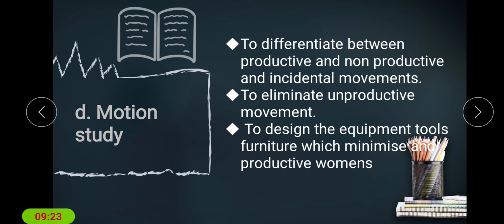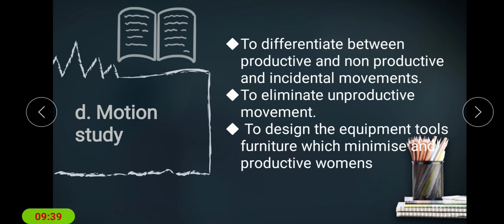Through analysis of the movements and motions of the body or machine to perform a job, unnecessary movements are eliminated and the best way of doing a job is determined.